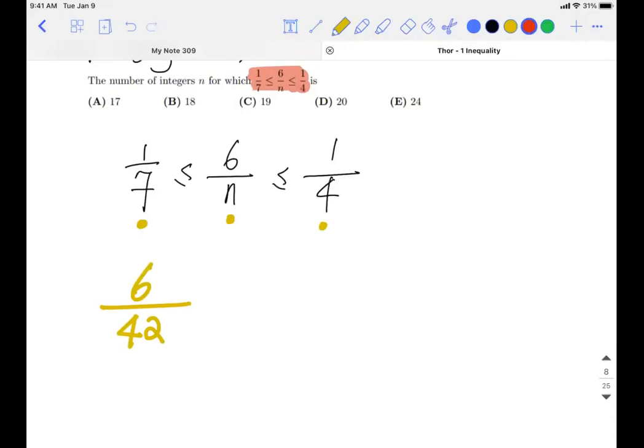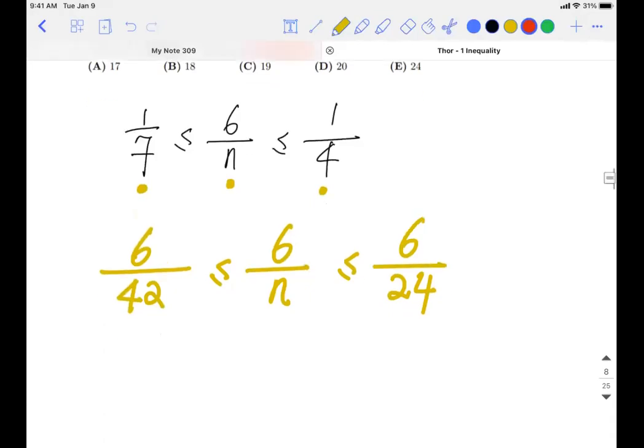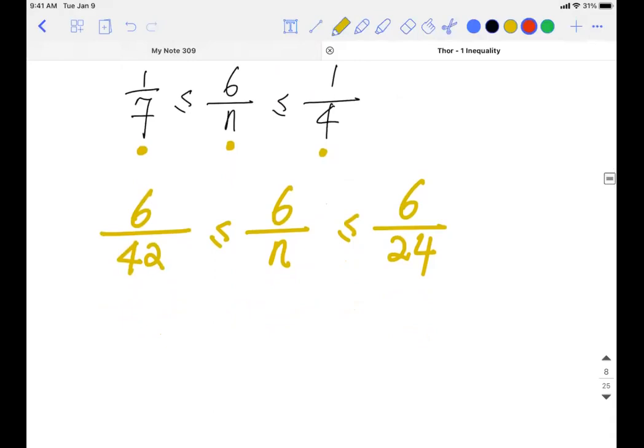That's actually 1/7. 6/n, 6/24. Is that right? I didn't really change anything, right? Everything is the same. But as long as I find here, voila, the solution is already very conspicuous.